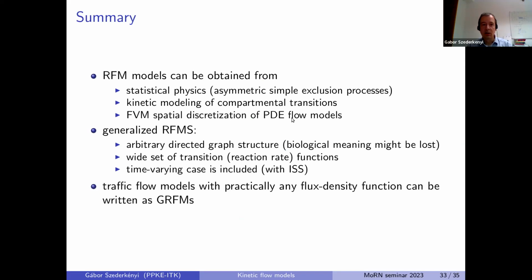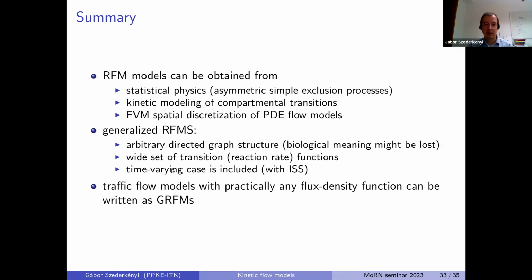Okay, so this is the summary. Ribosome flow models can be obtained at least from 3 sources: statistical physics, the kinetic modeling of compartmental transitions, or the finite volume spatial discretization of PDE models. And all of these point in the same direction.